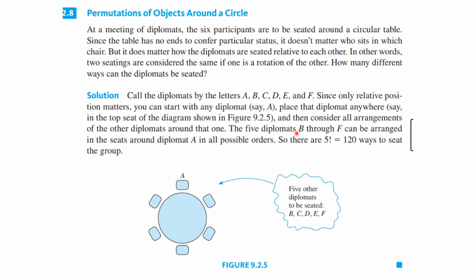So the 5 diplomats, B through F, can be arranged in the seats around diplomat A in all possible orders. So you see there were 6 to start with, so 5 factorial ways to seat them. And you could say we will always go clockwise, so there's 5 ways to do this, 4 ways to do that, and so on and so forth. So 5 factorial is 120.